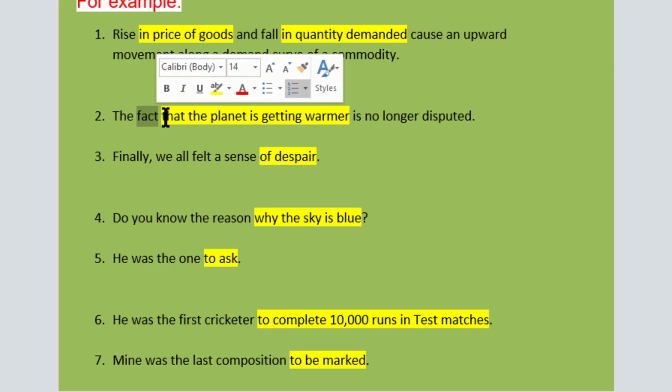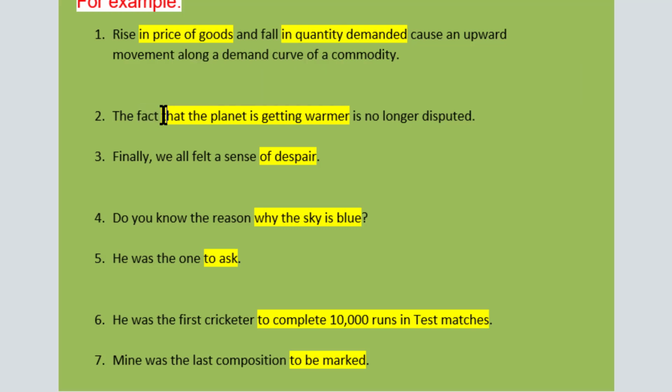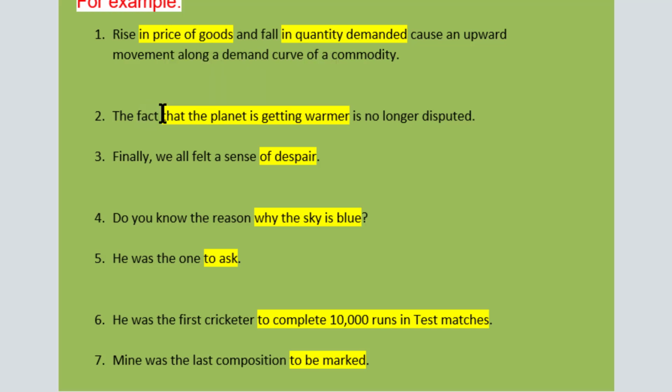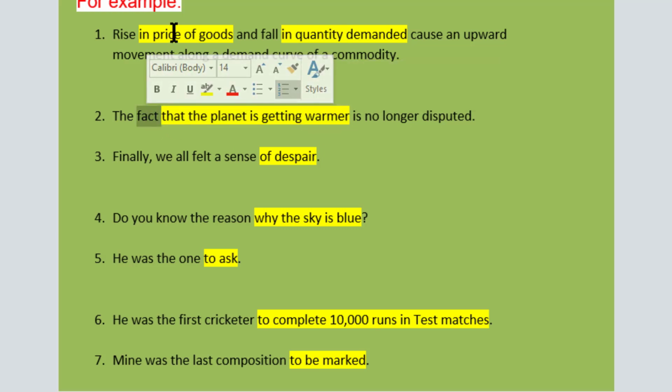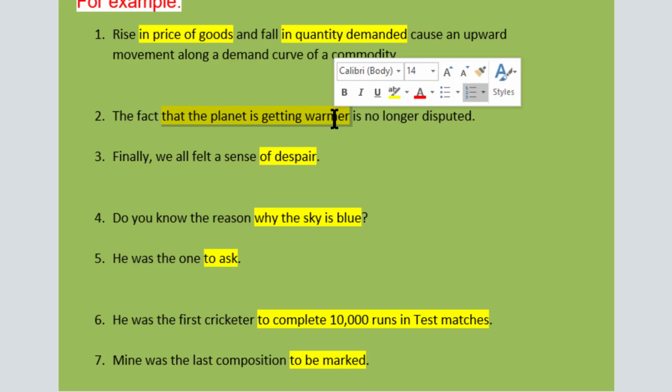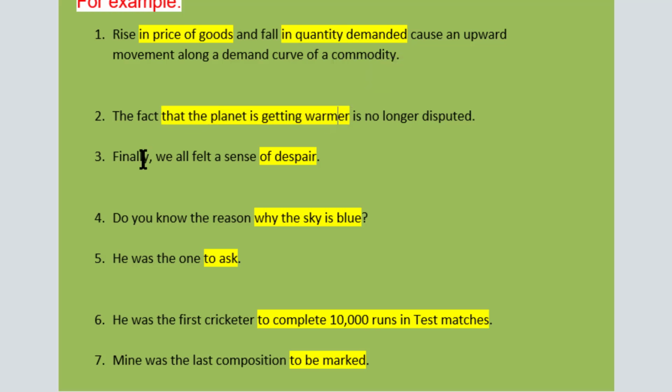So this relative clause, also known as an adjective clause, is renaming or talking about the preceding noun. This is a clause used as a complement of the head fact. So we can have a prepositional phrase as well as a relative clause as complements of the head in noun phrases.